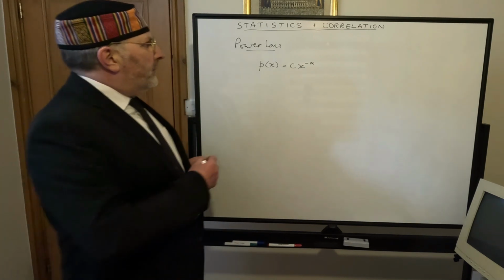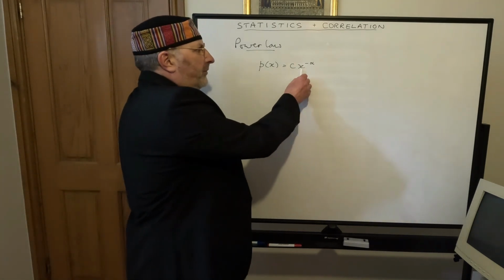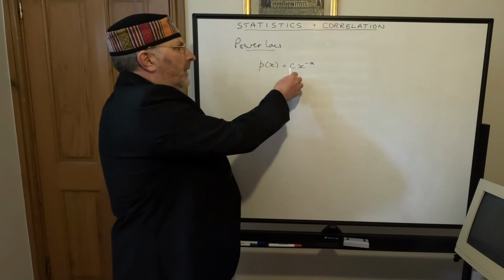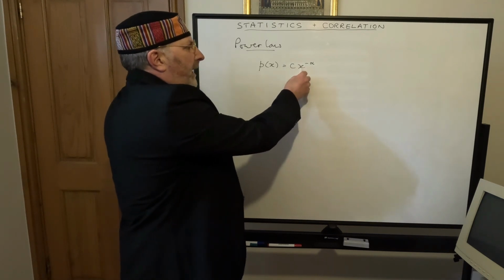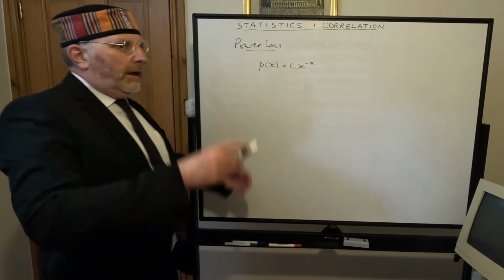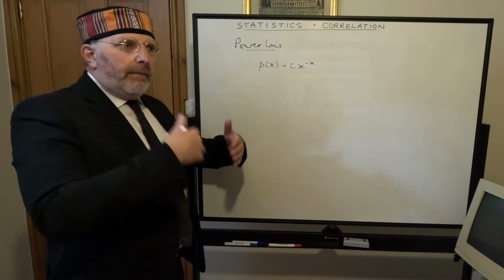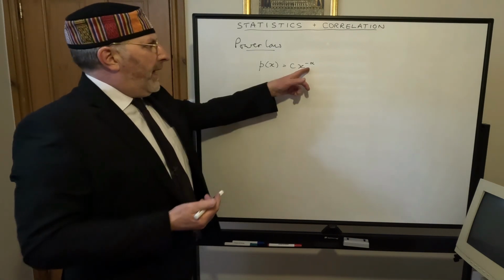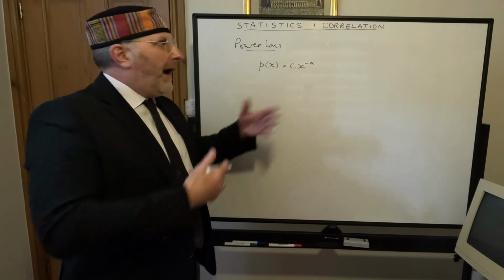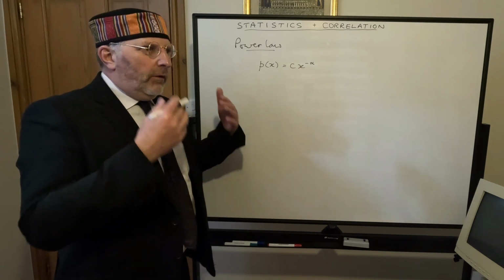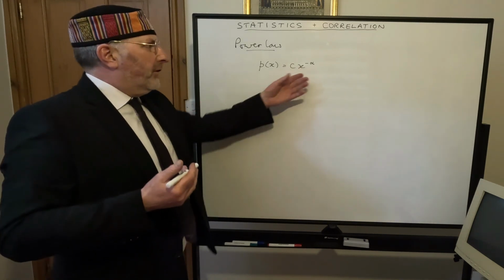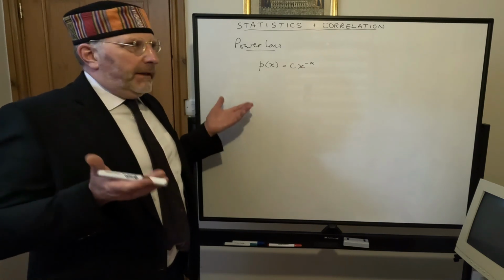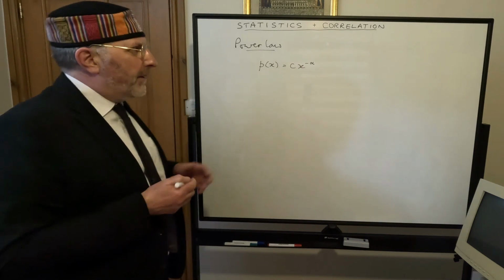Now, if x were to be 0, x to the minus alpha would be infinite, because x to the minus alpha is the inverse power of x, so it would be 1 divided by 0 to the power alpha, which is going to be, well, 1 divided by 0, infinite.